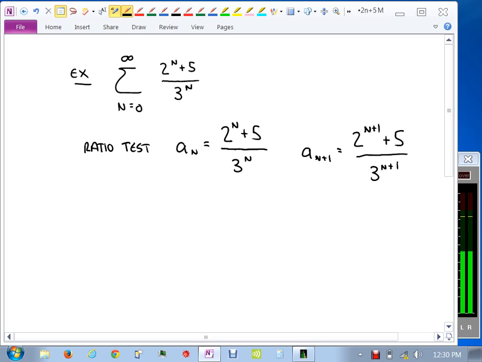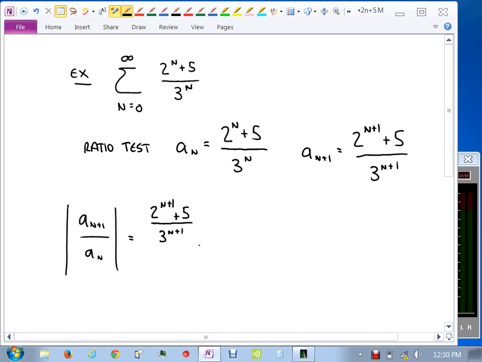And now I'm going to take the absolute value of a sub n plus 1 and divide it by a sub n. So I'd have 2 to the n plus 1 plus 5 over 3 to the n plus 1, divided by 2 to the n plus 5 over 3 to the n, absolute value of all of that.